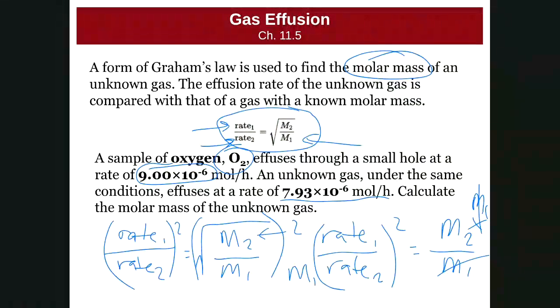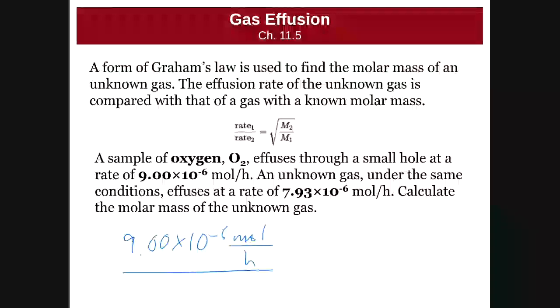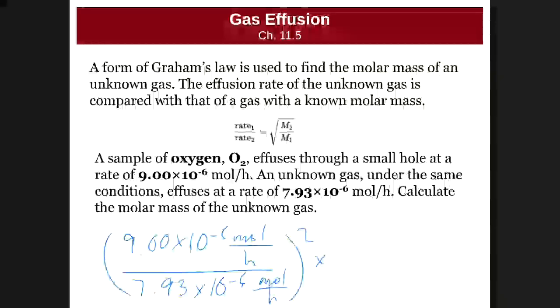Let's plug stuff in. So our rate 1 is our rate of oxygen, so 9.00 times 10 to the negative 6 moles per hour. And our rate 2 is the unknown gas, 7.93 times 10 to the negative 6 moles per hour. We're going to square that and multiply it by the molar mass of oxygen.